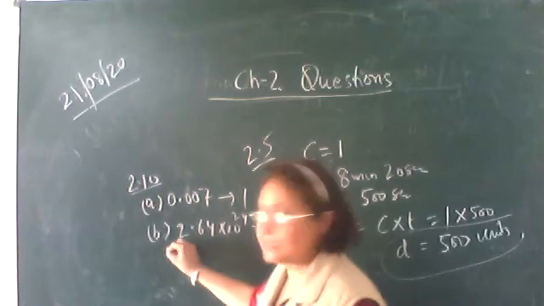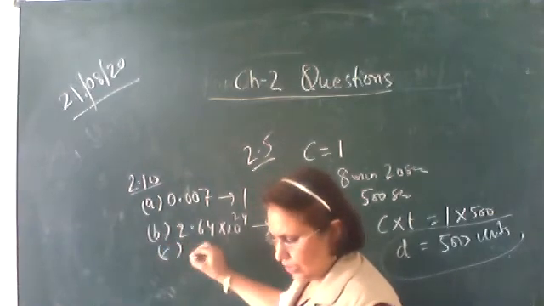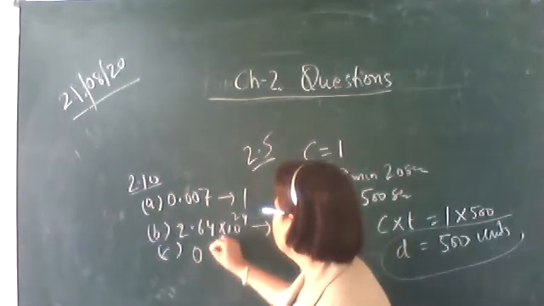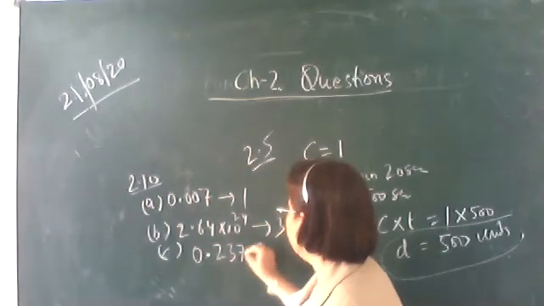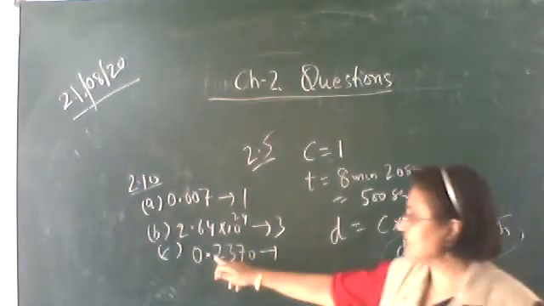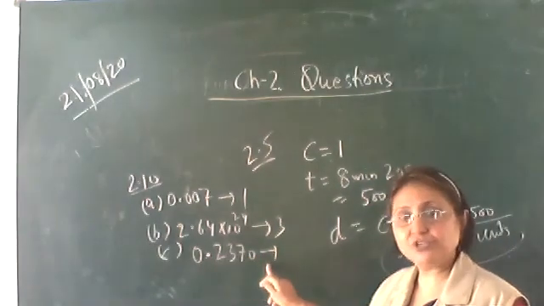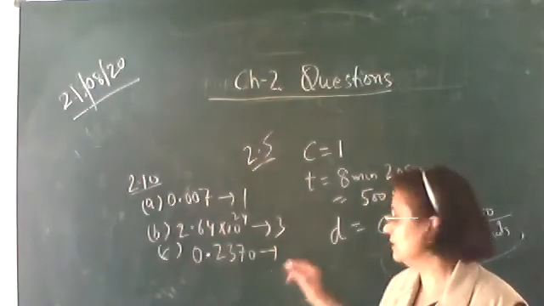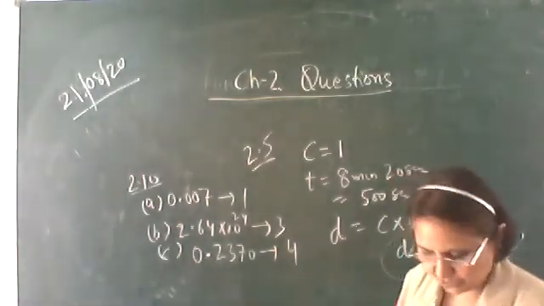The next one, the C part, is 0.2370. How many significant figures? 4. Yes, 4. As there is a decimal, the last zero will be considered significant. So the number of significant figures is 4.